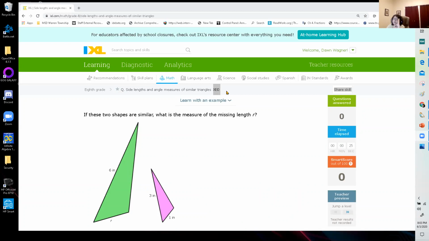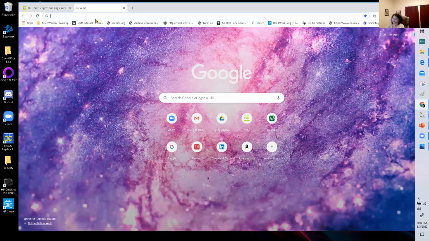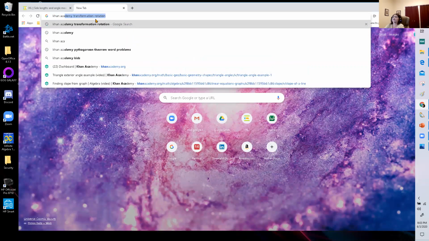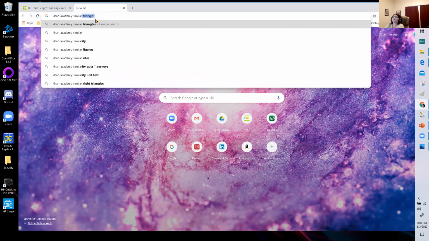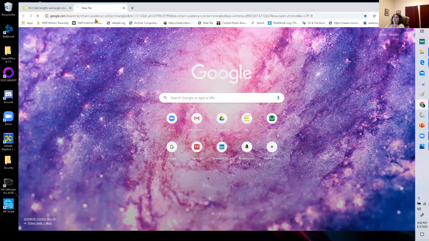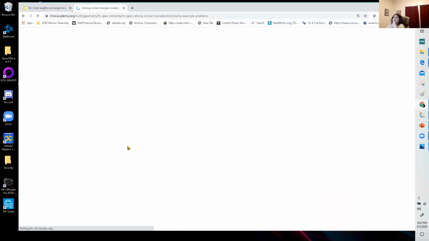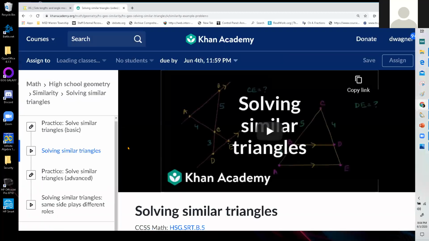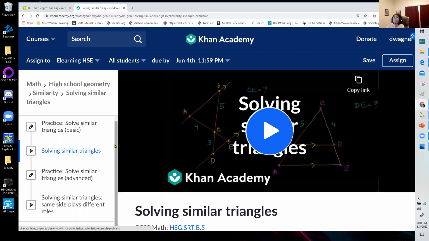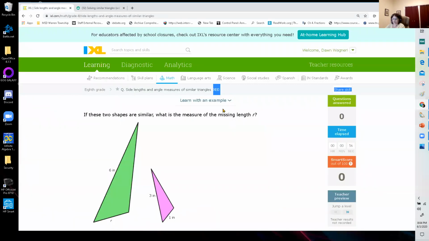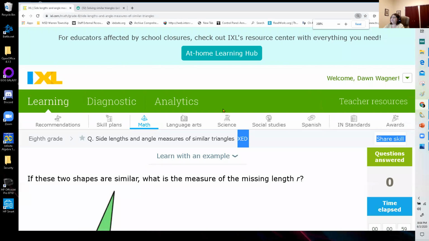XED is the code for IXL, and that's for similar triangles where we're trying to find the missing side lengths. Let me pull up Khan Academy. Let me make this bigger so you can see it. Do you see it? XED. Yes, right there.